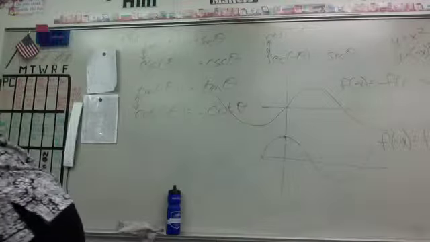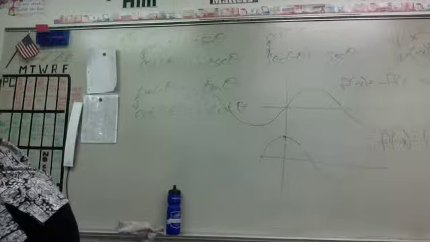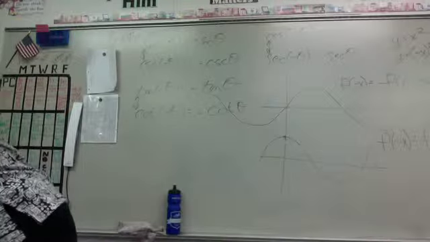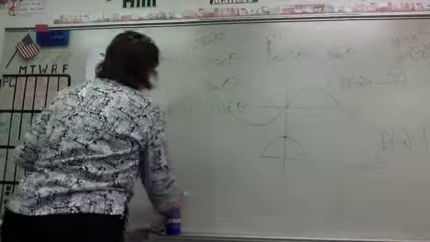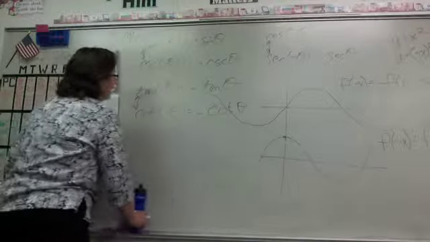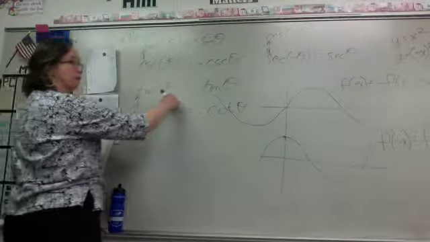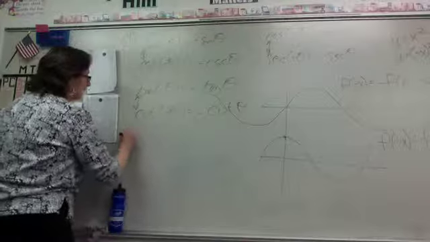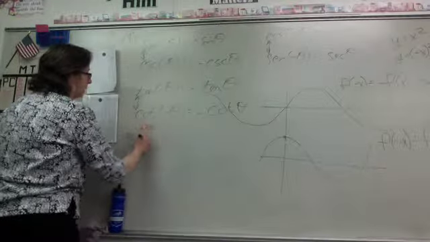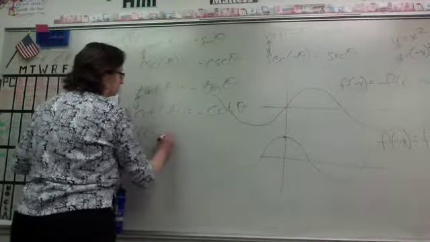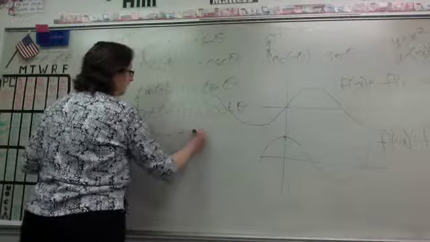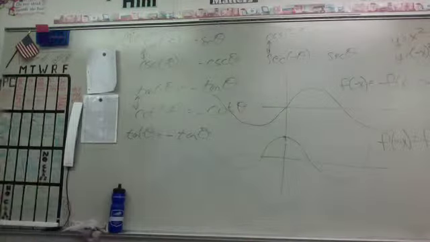So let's look over here to the next part here. Any questions on the even and the odd functions? Now, when you're looking at this, if I told you to prove that tangent of negative theta was the same thing as negative tangent of theta, how could you go about it if I ask you to prove that?